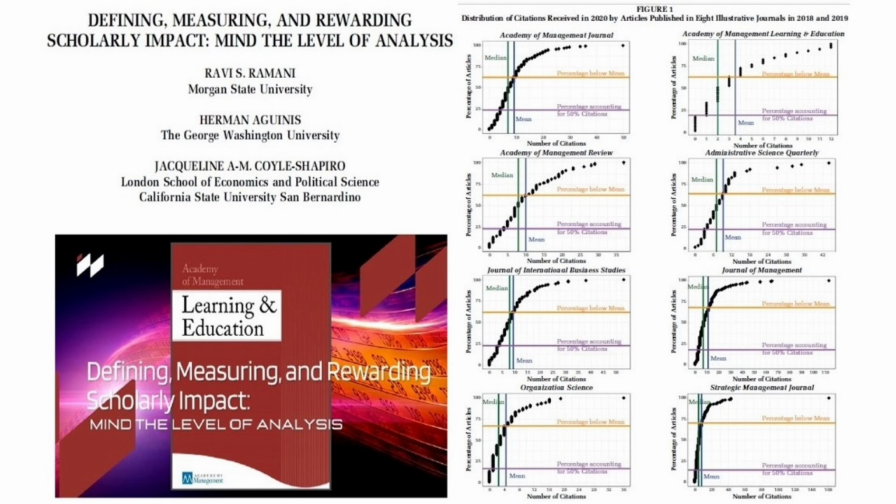The JIF is basically a measure of how often articles in a particular journal are cited by other researchers. So it's like a popularity contest for journals in a way. It's like looking at how many times articles in that journal have been cited in other research papers over a specific period of time. It's a measure of influence within the academic community.